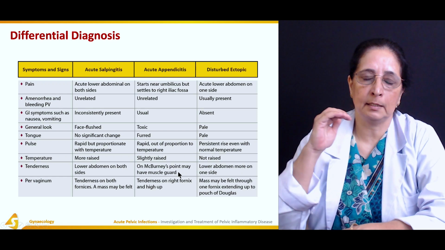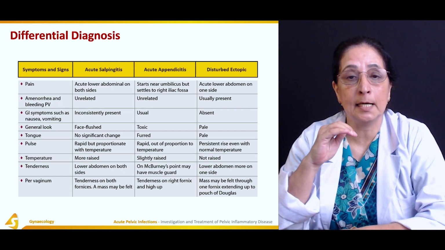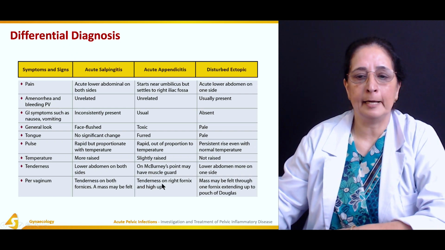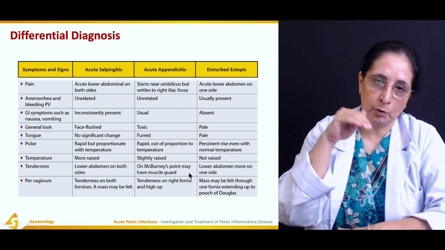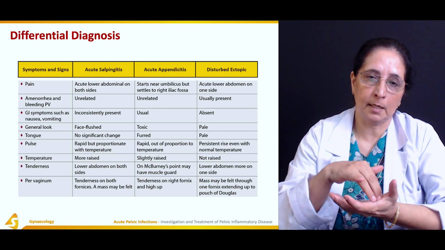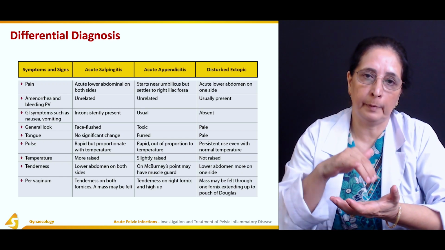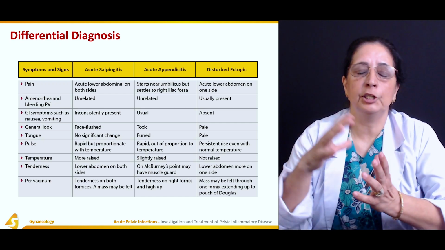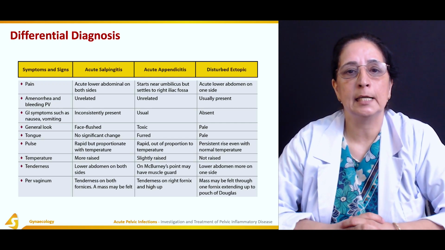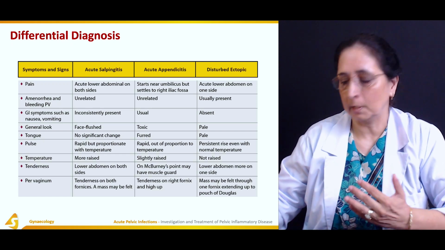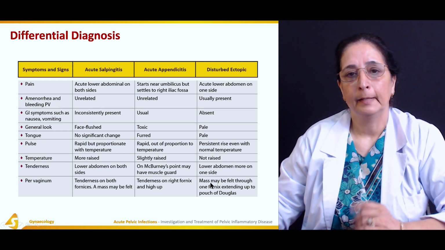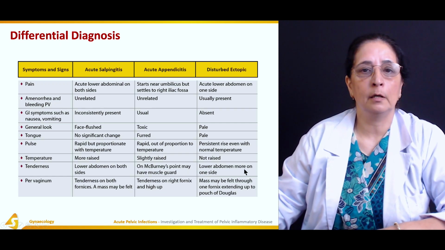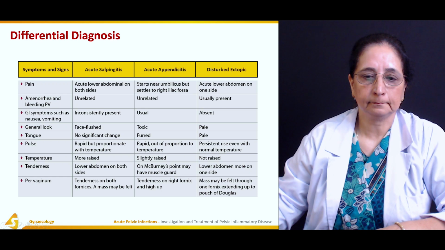It is a very important diagnostic feature of appendicitis that once you percuss or palpate deeply and then leave the area, the patient has rebound tenderness there. So that's an important diagnostic sign of appendicitis. Then in ectopic, in the lower abdomen on one side.